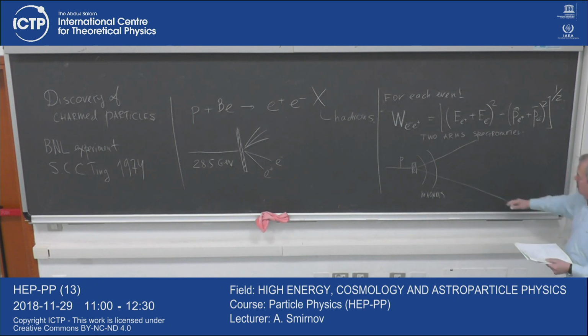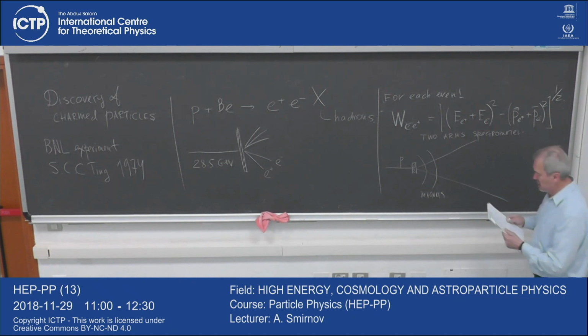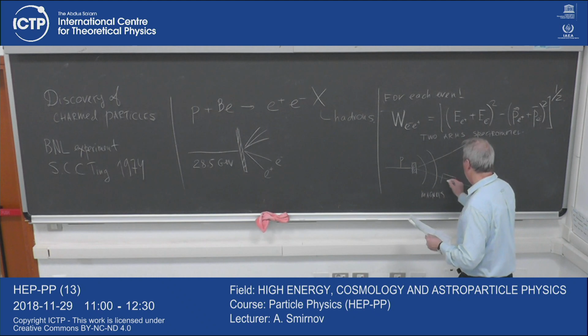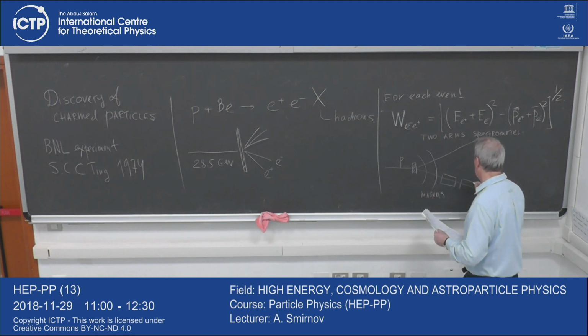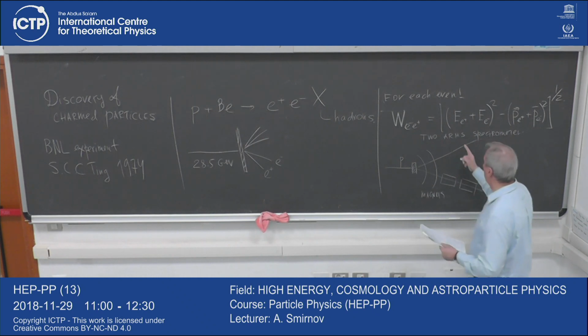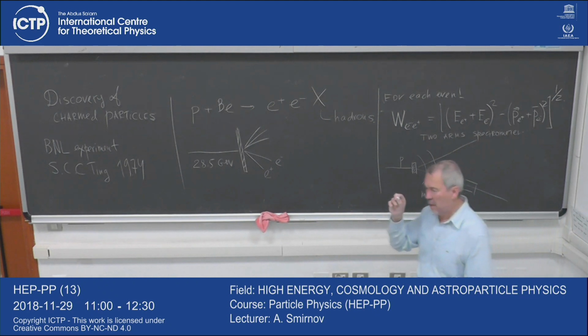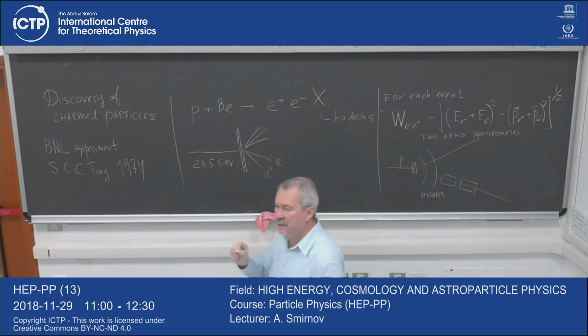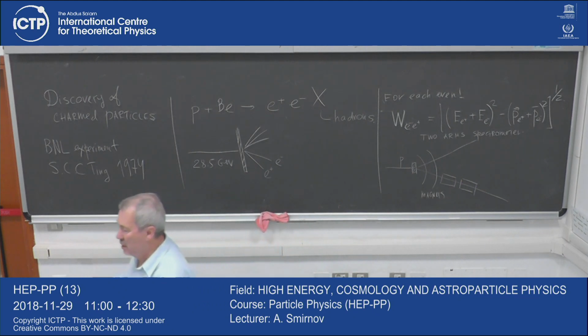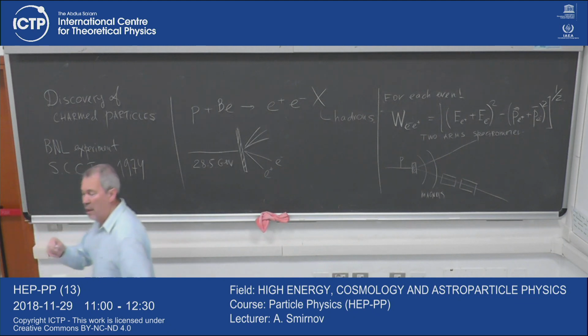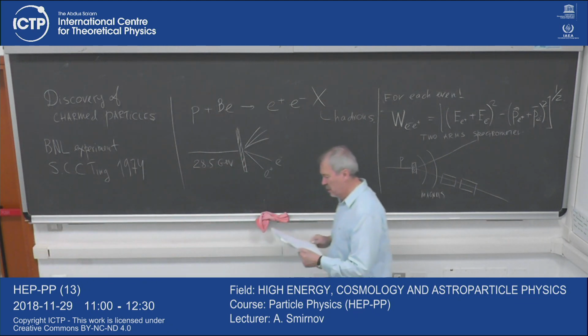And along these trajectories of electron and positron, there were a set of detectors. You see, things are more complicated because you need to identify the particle. You need to be sure that this is an electron or positron and not something like a pi plus or something else. So you need to establish the nature of the particle.